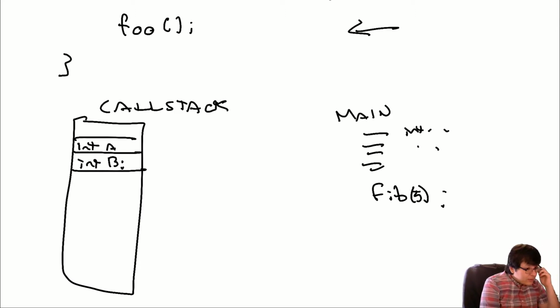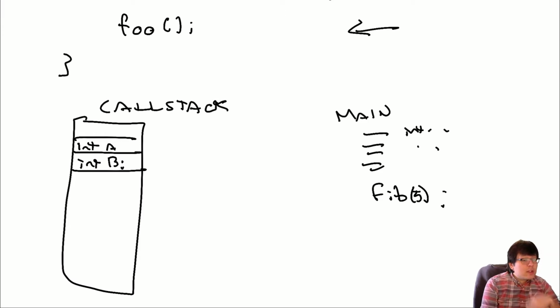But think about it. How does that actually happen? What does that entail for this to work? Well, what that requires is while Fibonacci is running, we need to back up the context from main, which is the local variables, and pretty much that's about it, right?